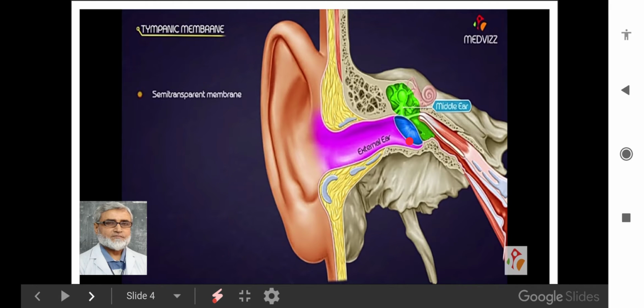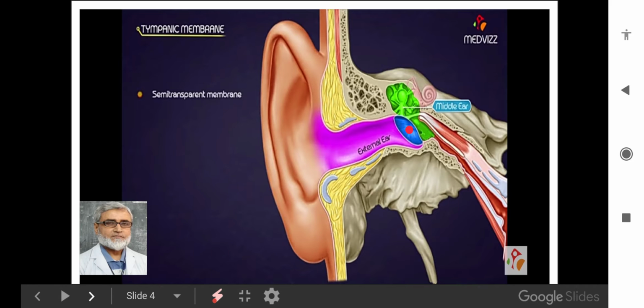This is your tympanic membrane. So what is the actual extent of your external ear? That includes your auricle and this auditory canal up to the tympanic membrane.